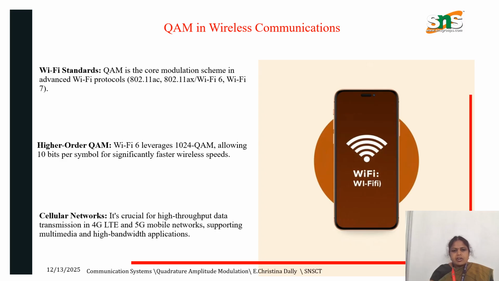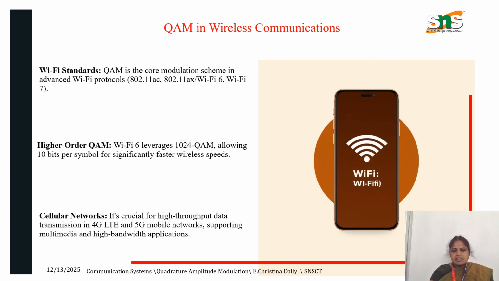So we go for various modulation schemes. Suppose we take the advanced Wi-Fi protocols, so we have Wi-Fi 7 or Wi-Fi 6. If it allows 10 bits per symbol, automatically it will result in faster wireless speeds, and we use this in cellular networks.